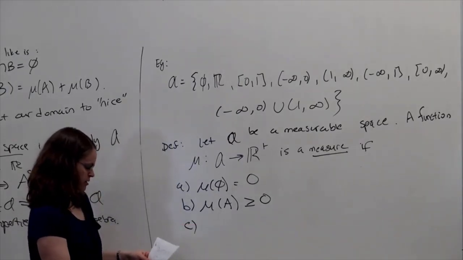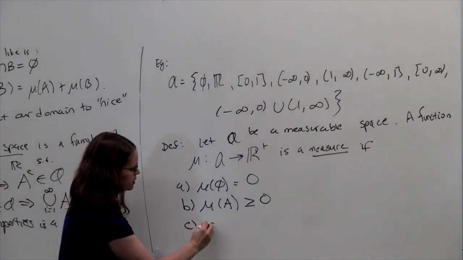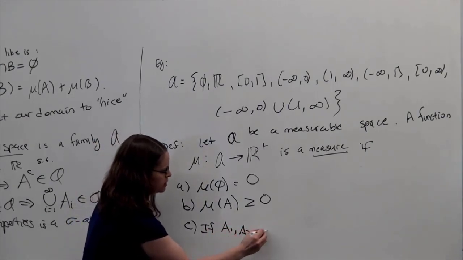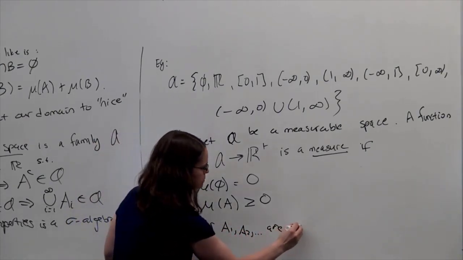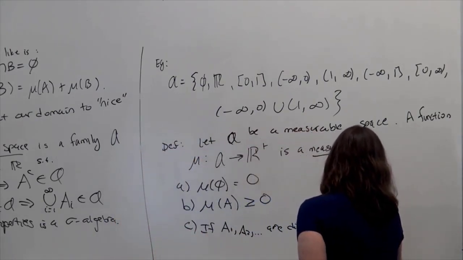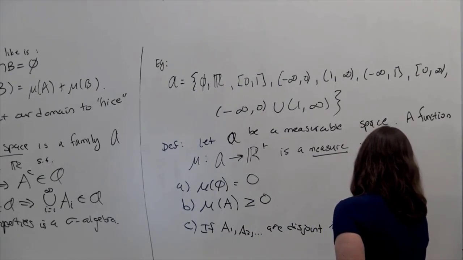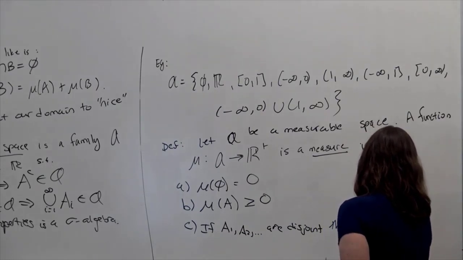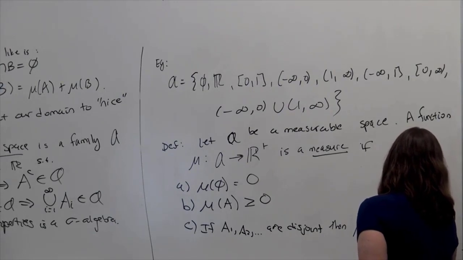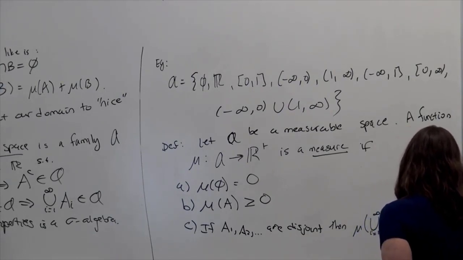And then additivity. Okay. So if we have a bunch of disjoint sets, then the measure of the union is equal to the sum of the individual measures.